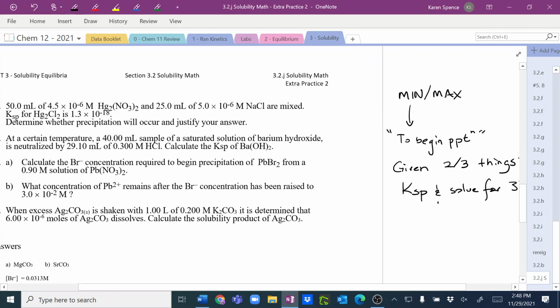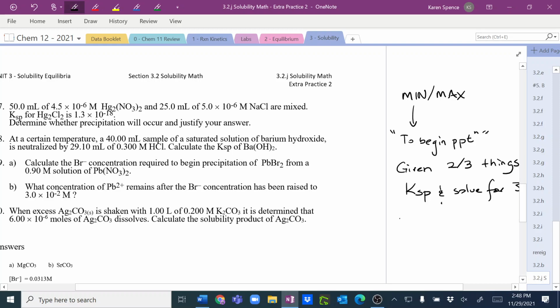Okay, so we want to know the concentration of bromide. And we have lead nitrate, Pb. On this one, you don't need to dilute because you're not diluting anything. If you were mixing, then you could.